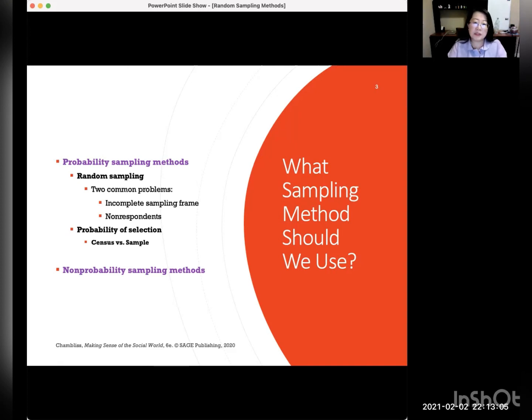Another problem is the non-respondent. For probability random sampling, a lot of the time, when you select that sample by random, then that's it. It's not convenient sampling, so you cannot just ignore it when this person or this item is not available. Okay, so that is another issue for the random sampling procedure.